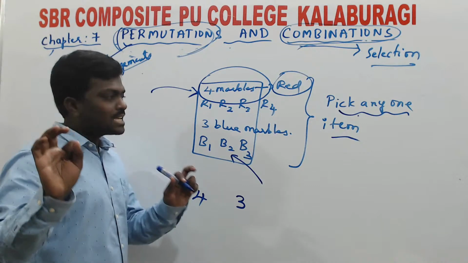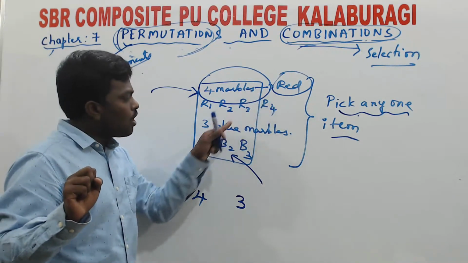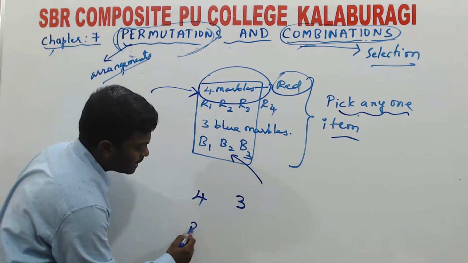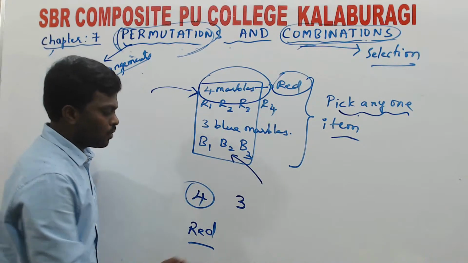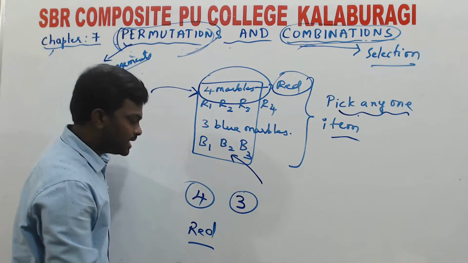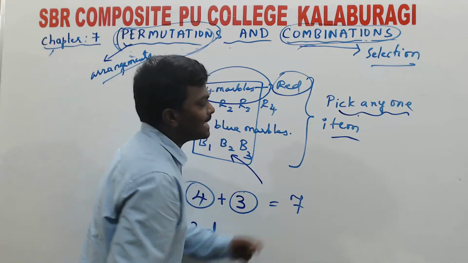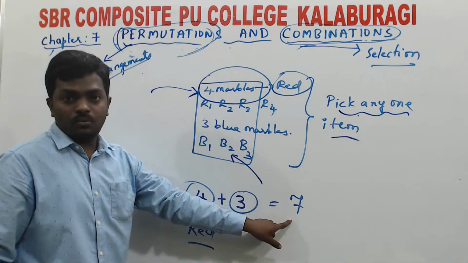So either it may be from red or it may be from blue. That's it. To pick a red marble, how many options do we have? Four. And to pick a blue marble, how many options do we have? Three. So in how many ways can a person pick one item out of this bag? Seven ways.